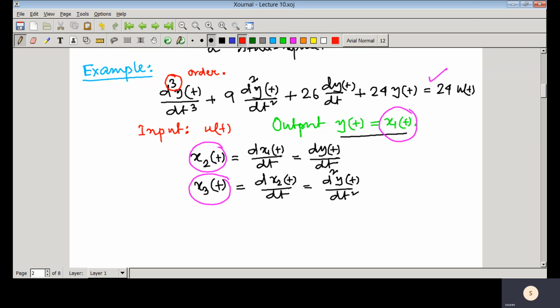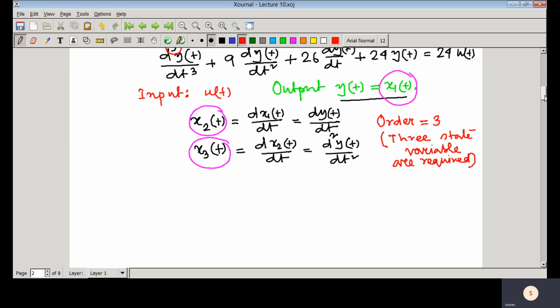That means minimum number of variables you need to describe this dynamical equation. So let us write. So here you see that order equal to 3. So that is actually the order of the differential equations. So that means it indicates you need 3 state variables are required to describe this particular system.